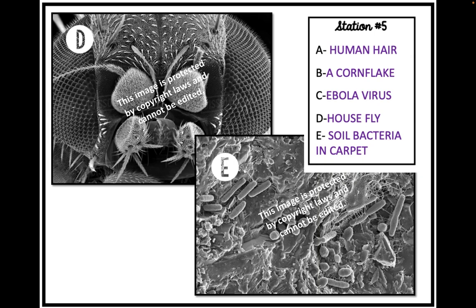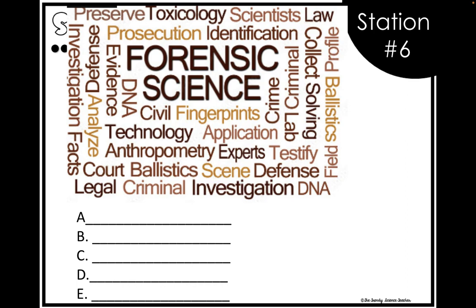D is the housefly, the head of the housefly. And E is sort of dirt or soil bacteria in carpet. And you can see the bacteria, which look hot dog shaped. Those are called bacillus rods. So those are micrographs.